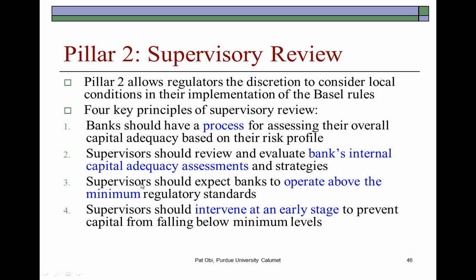Thirdly, supervisors should expect banks to operate above the minimum required. So if the minimum required is 8%, while we shouldn't expect banks to go below it, banks should feel free to go above it, kick it up to say 10%, just to allow themselves wiggle room. Of course, that places greater tax on the investors of the bank, but also that keeps the banking system safer.